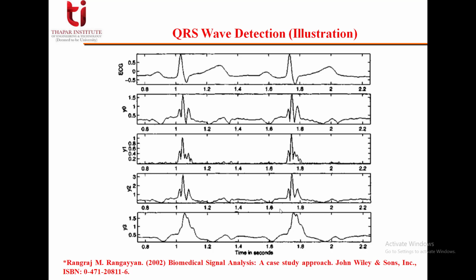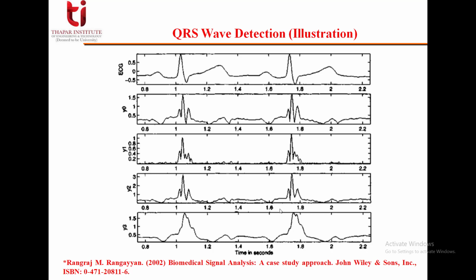For that, we pass it to an 8-point moving average filter, which gives a smoothing effect. You can see the y2 signal obtained after the 8-point moving average filter. All the jagged edges are now smooth, and the peaks merge into a single peak for each QRS complex.